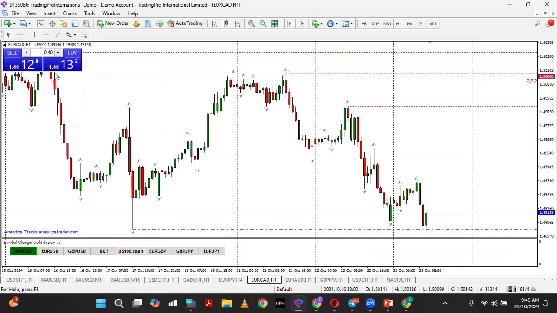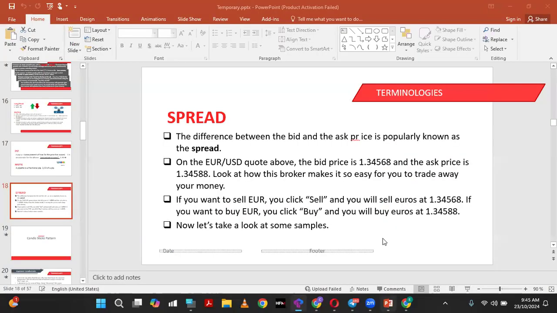So you see the sell and the buy are almost the same price. The difference is negligible. That's one of the benefits of using Trading Pro. You don't have spread and swap on some of our accounts, like the Rookie accounts and the Scalpex accounts. So you don't have to worry about spread when you start trading with us.